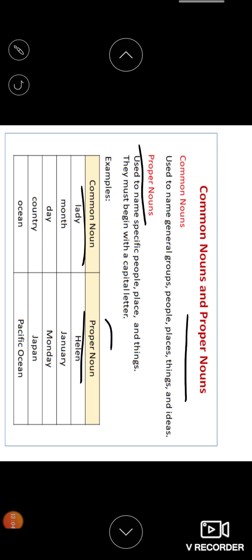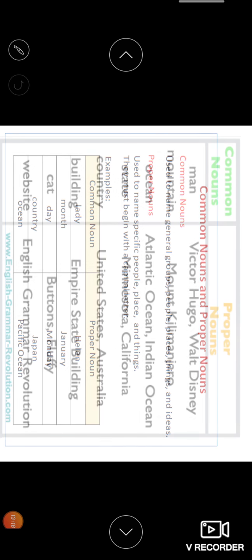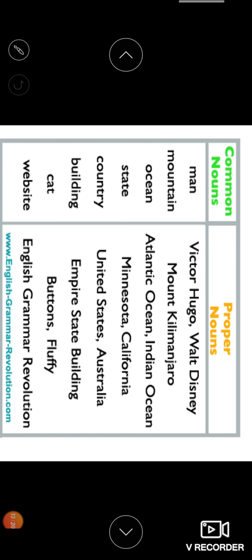The names given for that particular group of people, place, things and ideas are called proper nouns. They're given a specific name, but here there is no specific name. It is commonly called in a group. Let us have a glance at these examples also. The man's name can be Victor Hugo or Walt Disney.